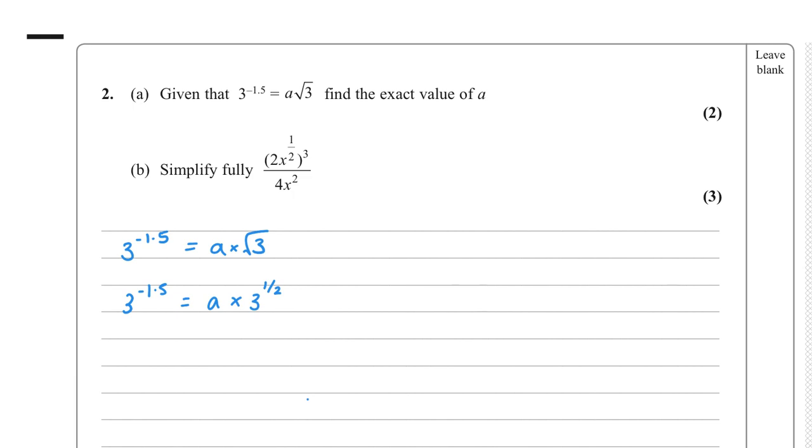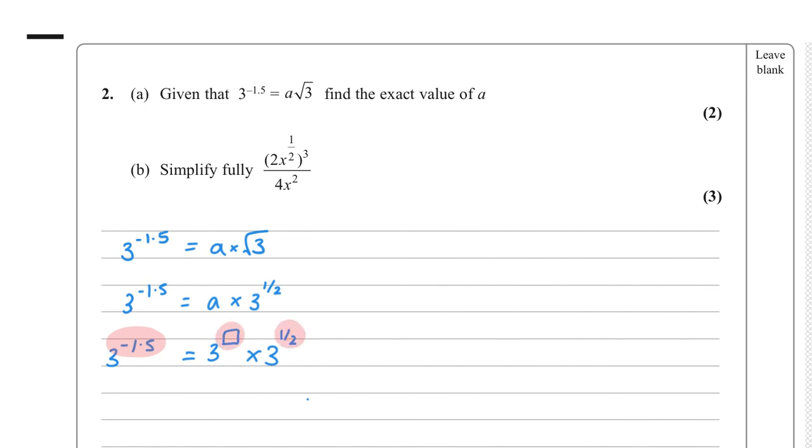So we have to think to ourselves, this is 3 to the minus 1.5. And then we have something times 3 to the half. So 3 to the power of something times 3 to the power of a half, they need to add to give me minus a half.